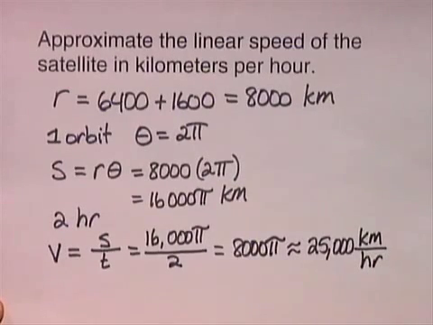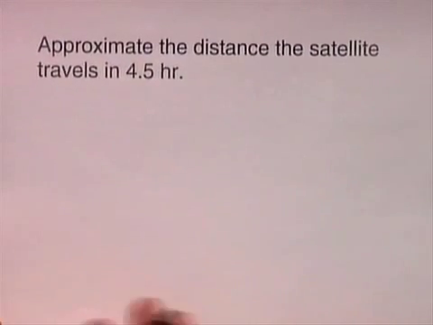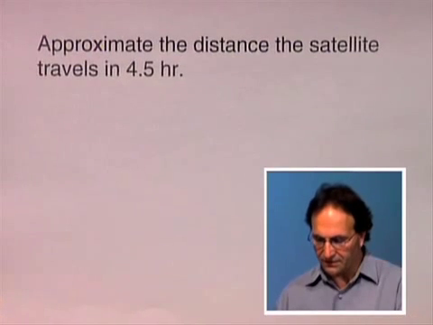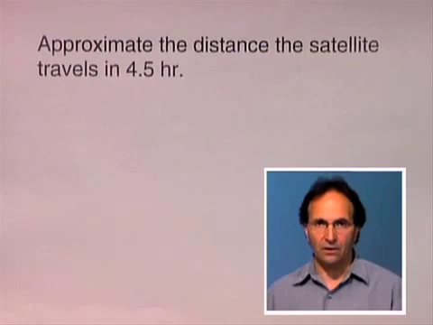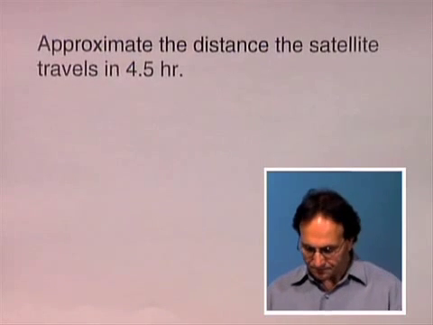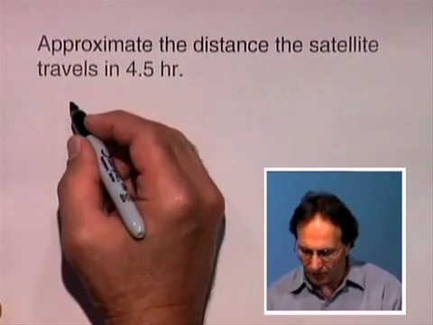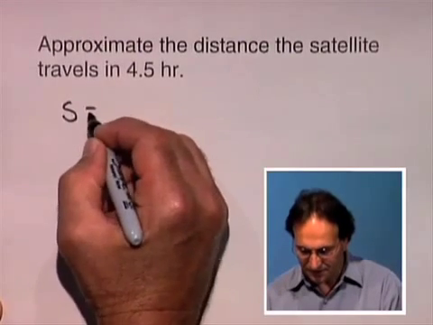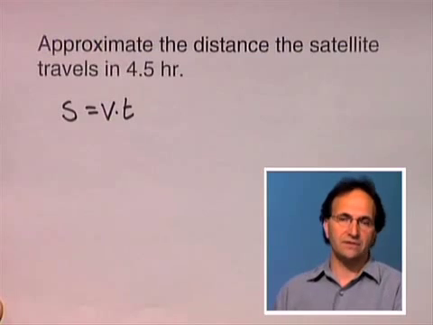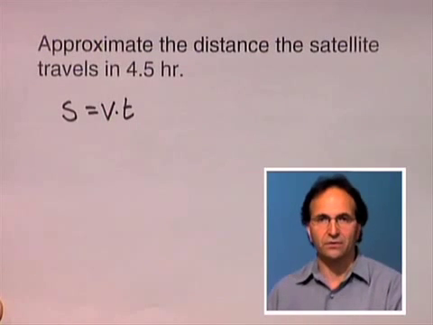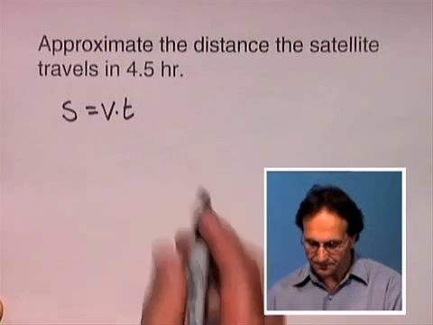Let's continue and find the approximate distance the satellite travels in 4.5 hours. Well, this time, what we're going to do is use the formula that s, the distance it travels, is equal to its speed times the time it travels, so s equals v times t.